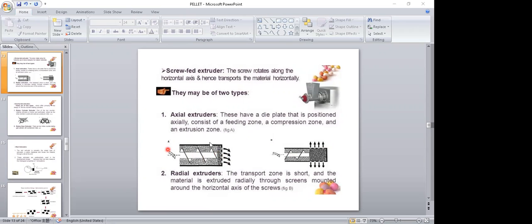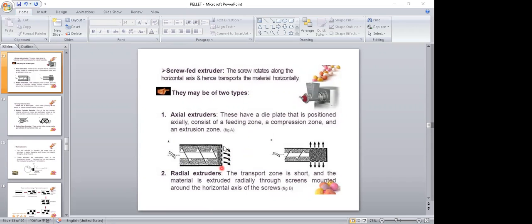Mainly this extruder consists of the feeding zone. So this is your feeding zone. This is your compression zone. And the last one is your extrusion zone. So from the feeding zone, I'm going to place my wet mass. Then that wet mass gets compressed in the compression zone. And through the extrusion zone, you are going to collect the extrudate with the help of this die plate.